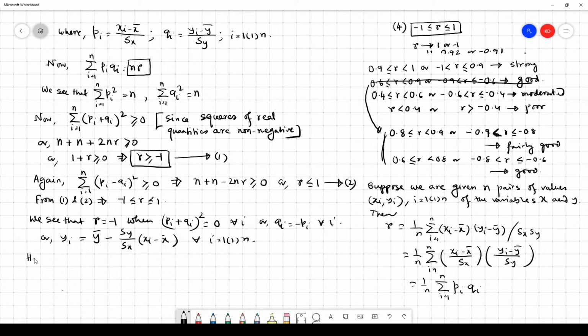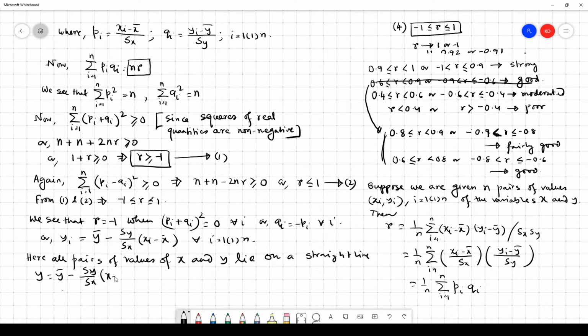Here all pairs of values of x and y lie on a straight line y equals y bar minus Sy by Sx times x minus x bar.